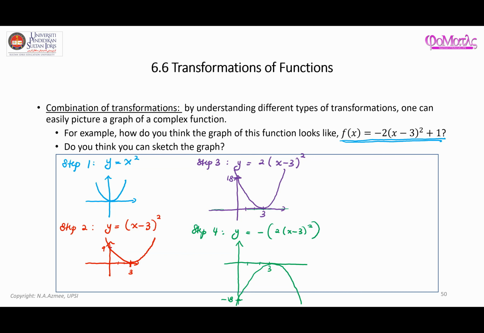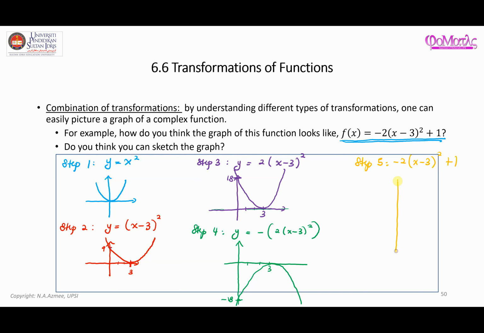And finally, after I'm done with that, I'm going to make the graph move 1 unit up. So finally, the last step here is negative 2 times x minus 3 squared plus 1. So this green graph here will be moved 1 unit up.